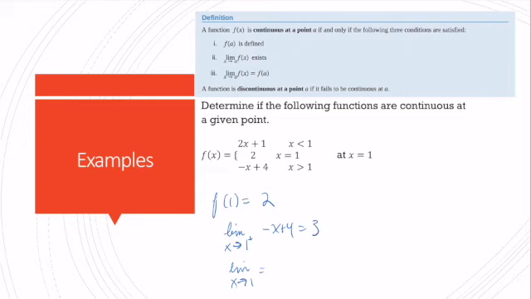Then if I do my limit from the left, I have 2x plus 1, so my limit also is 3. Very cool. So the limit does exist. The limit is 3, but wait, my limit doesn't equal f of a. So this is still discontinuous.